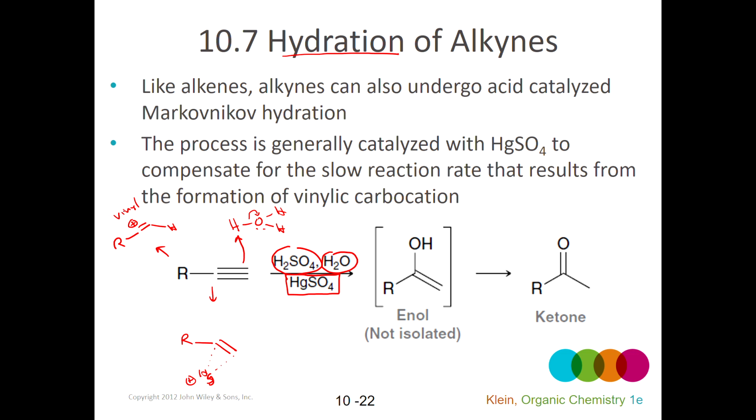It's really prohibitively unstable. So we can't go through the same mechanism we did earlier when we did a hydration of an alkene. We showed hydration of an alkene gives Markovnikov addition, it goes through a carbocation intermediate. Hydration of an alkyne, the carbocation intermediate is too unstable.